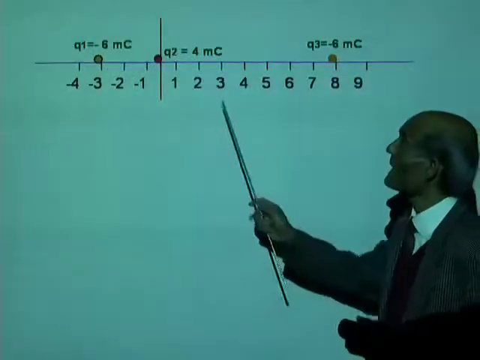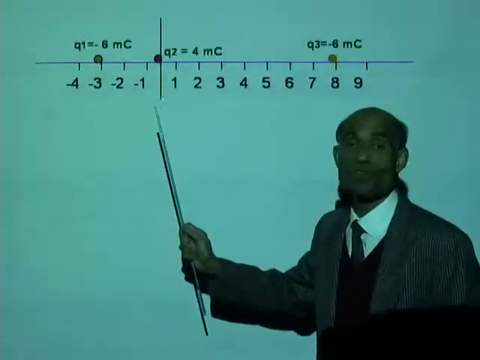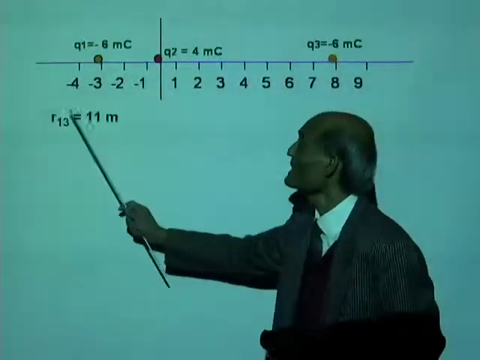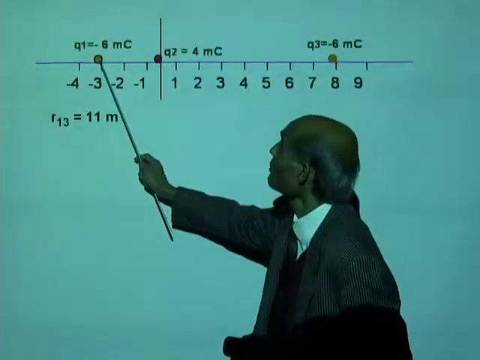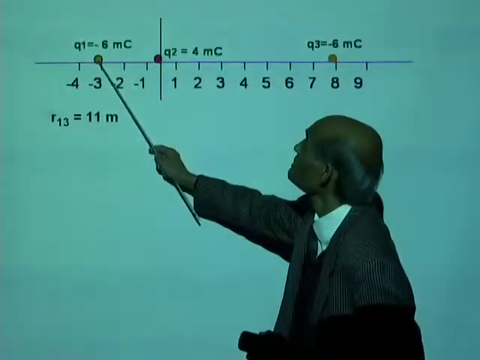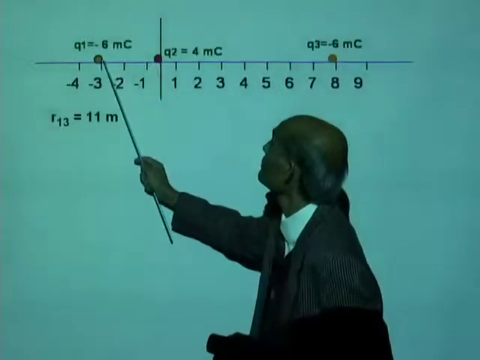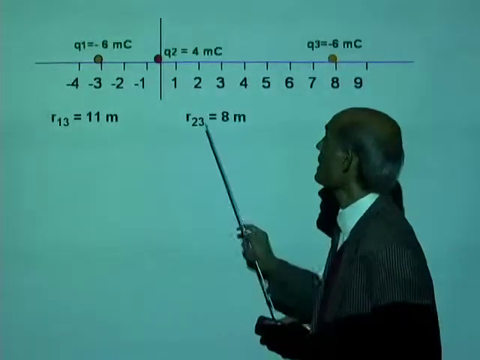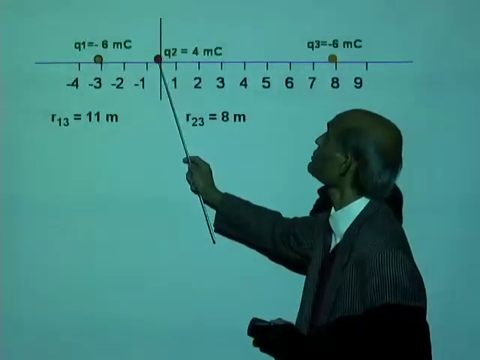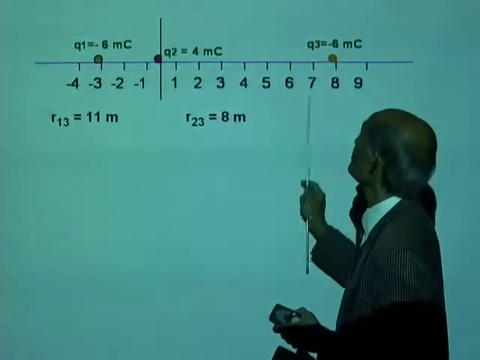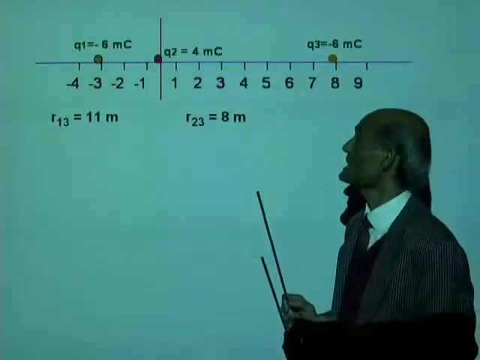Alright, let's use that and now find expressions for each of those. What is R13? R13 is the distance between Q1 and Q3, 8 plus 3, 11 meter. R23, distance between Q2 and Q3, is 8 meter.